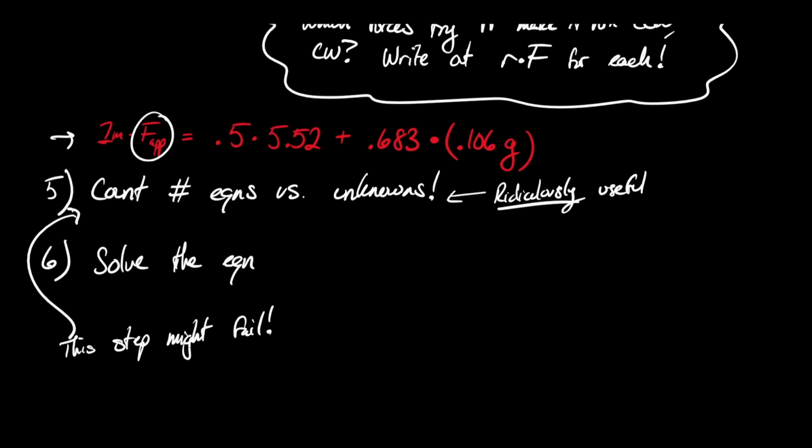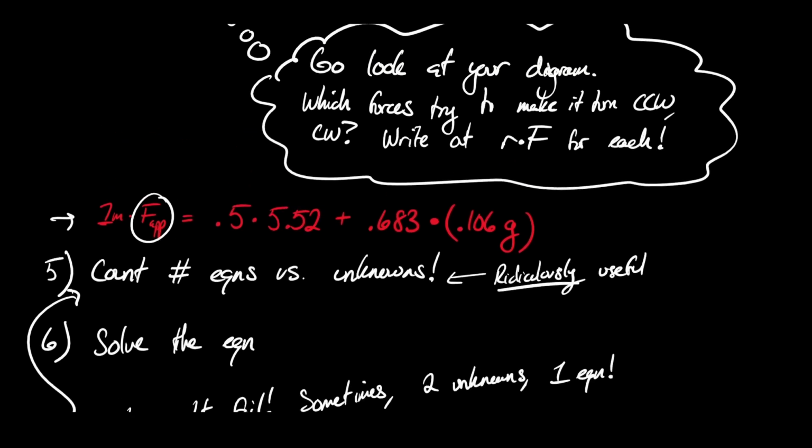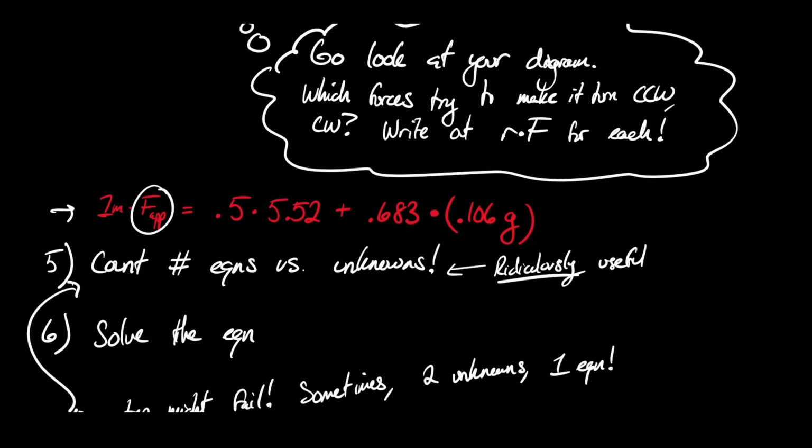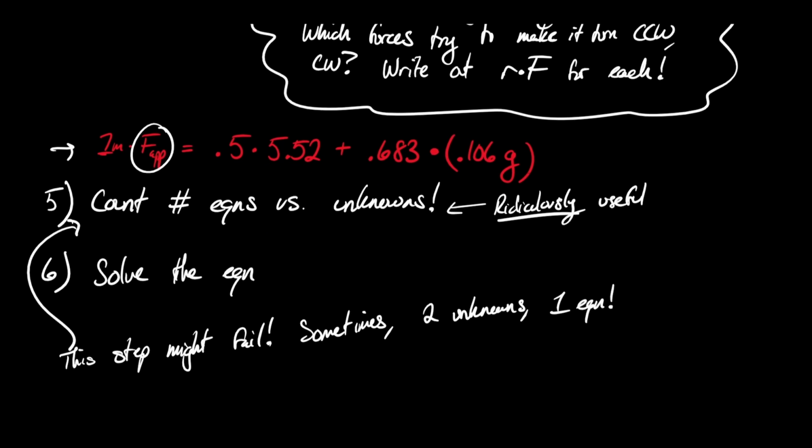Sometimes there will be two unknowns and one equation. And if you've followed a lot of my other videos, you'll know that that is a sign that you're about to enter the hurt locker, because you're guaranteed mathematically to go in an infinite circle and be unable to find the answer. And the only way out ever is getting another equation.